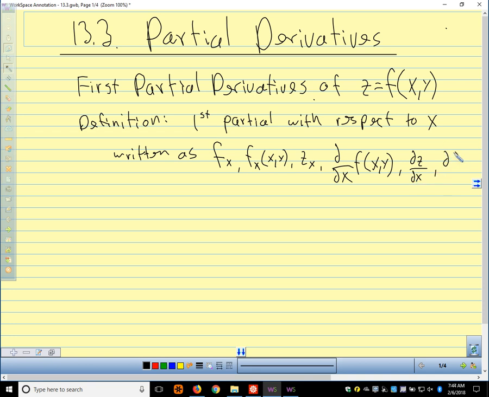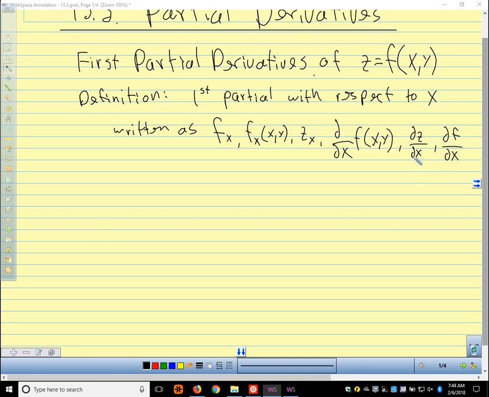You'll also see df dx. So the curve on the d says that you're taking a partial derivative. A regular script d would be just a regular first derivative. These are all actually d's, just a different way to write a d.